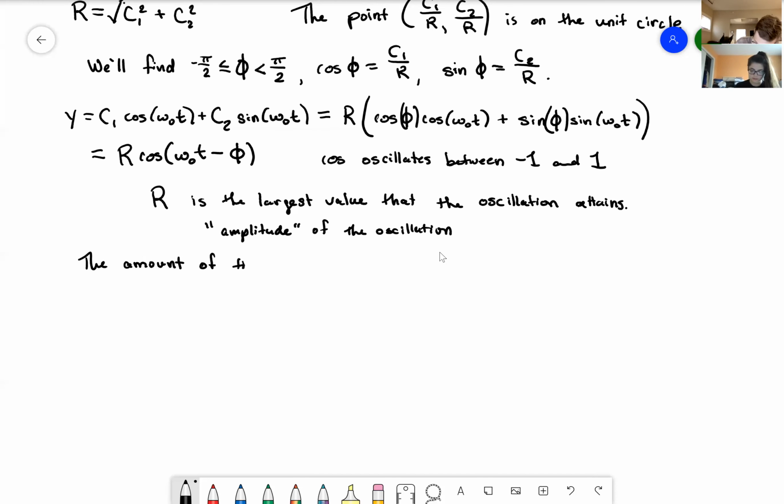The amount of time it takes for cosine to go through an oscillation. A full oscillation takes 2 pi. So 2 pi time.